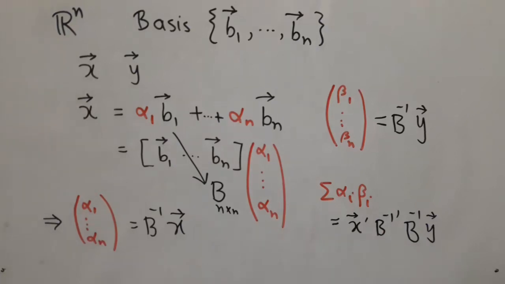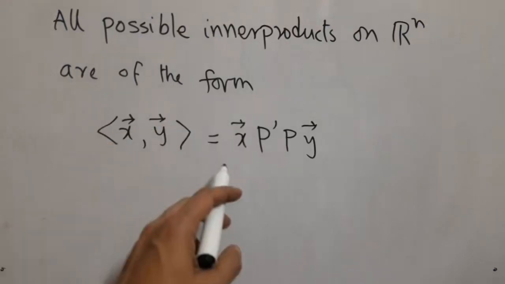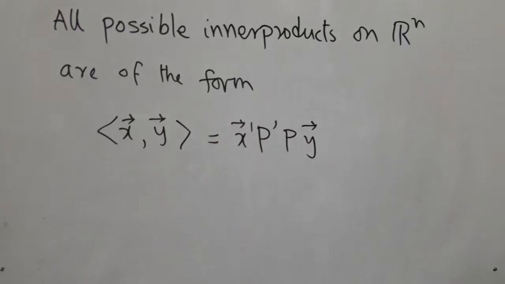That is, x transpose P transpose P y, where P is any arbitrary non-singular matrix. Thus, all possible inner products on Rn are of this form.